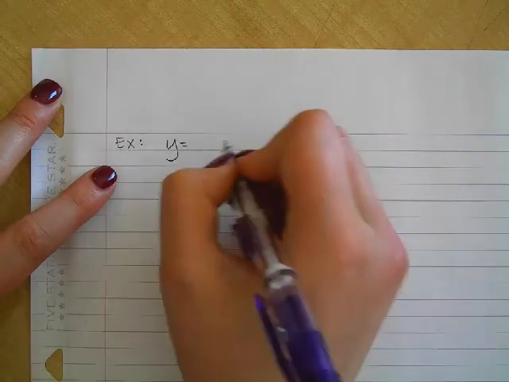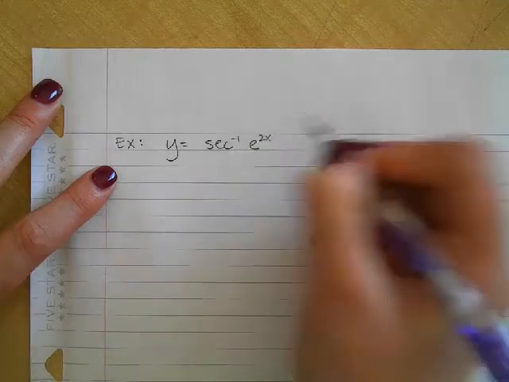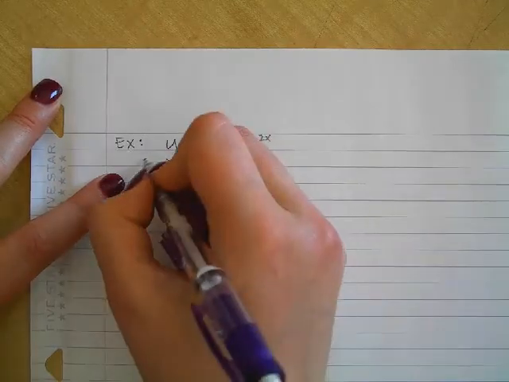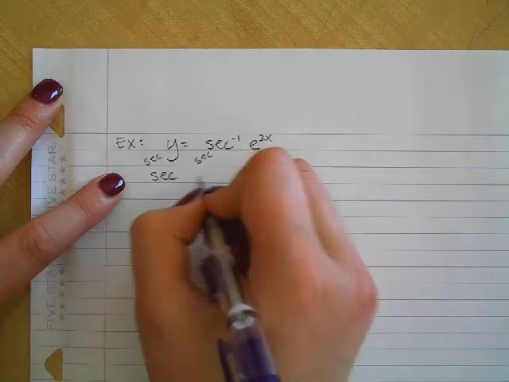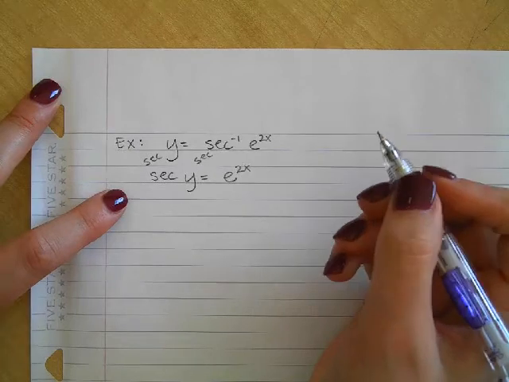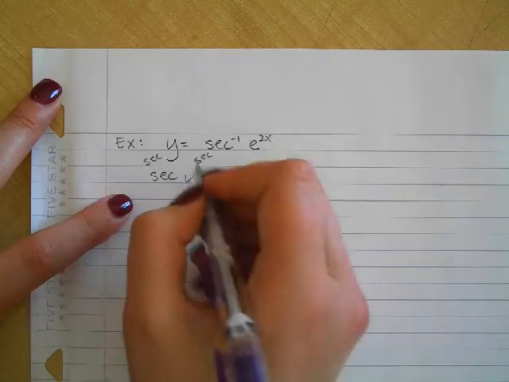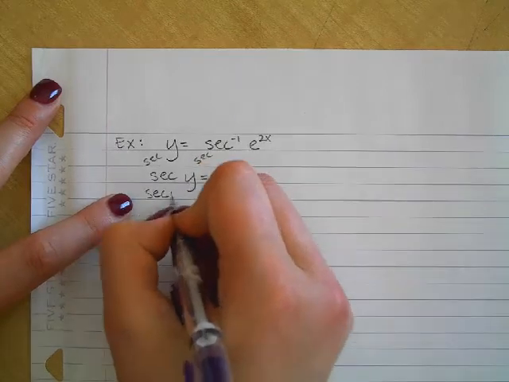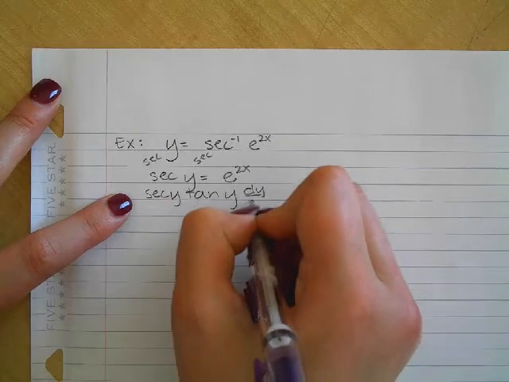Okay, and let's do one more with it getting a little bit crazier. y equals secant inverse of e to the 2x. So again, I'm going to undo the secant inverse. So I'm going to have secant y equals e to the 2x. I'm going to take the derivative of each side. So the derivative of secant is secant y tan y dy/dx.